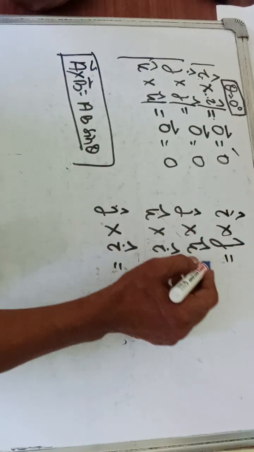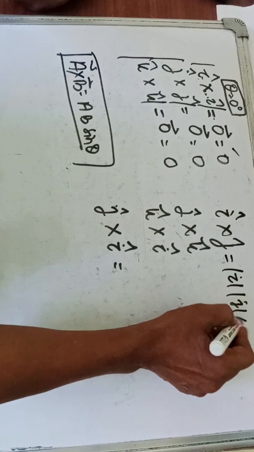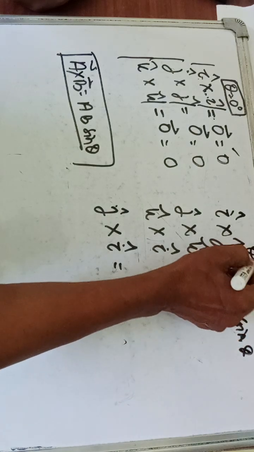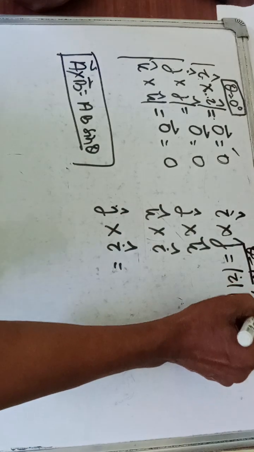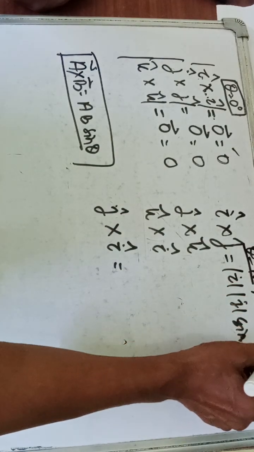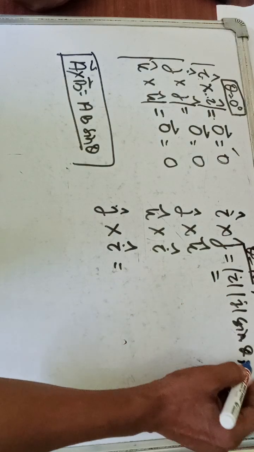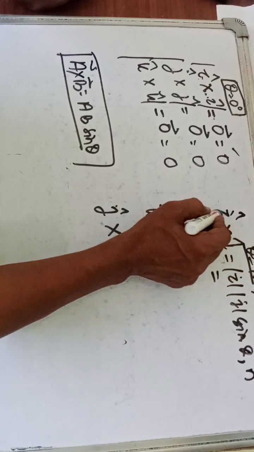Now i cross j will be what? Again, magnitude of i, magnitude of j, sine of the angle between them. Here theta is equal to 90 degrees, so sine theta is sine 90, which is equal to 1. In that case it is 1 into 1, but we will have a unit vector that is perpendicular to i and j.